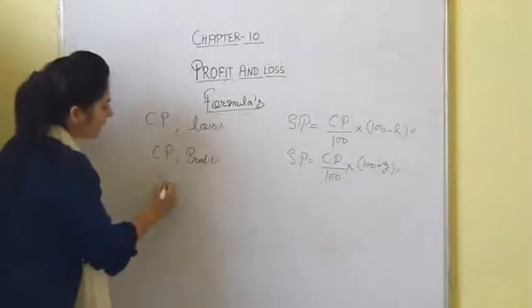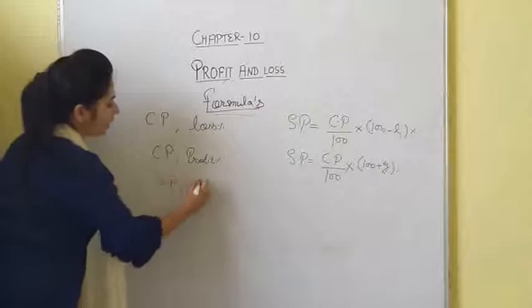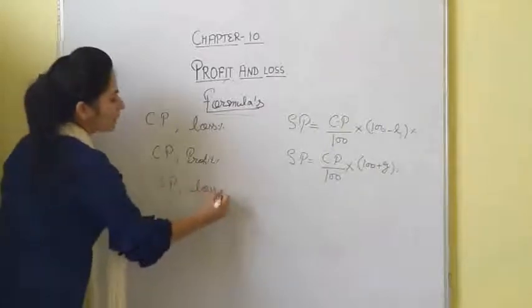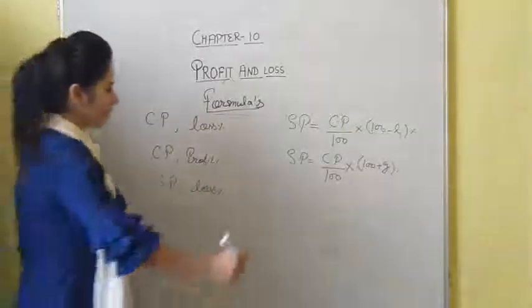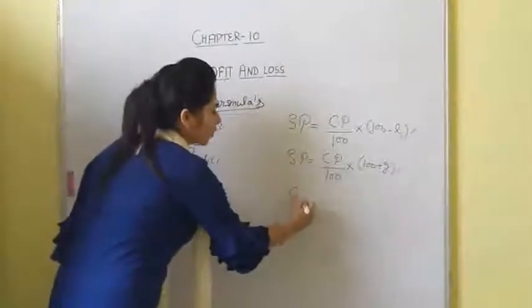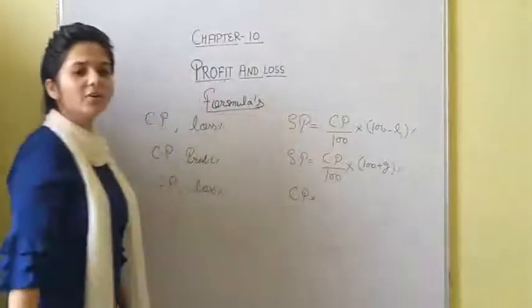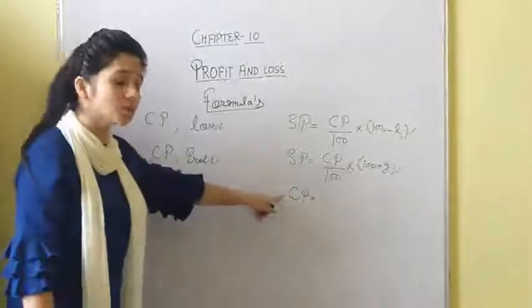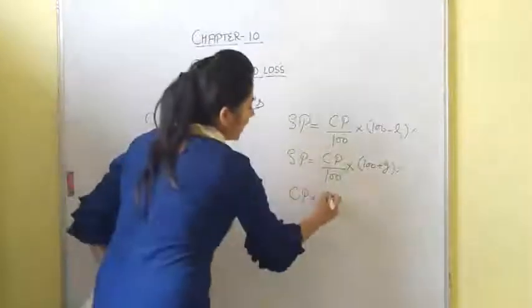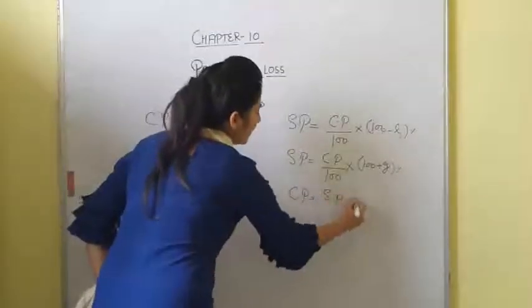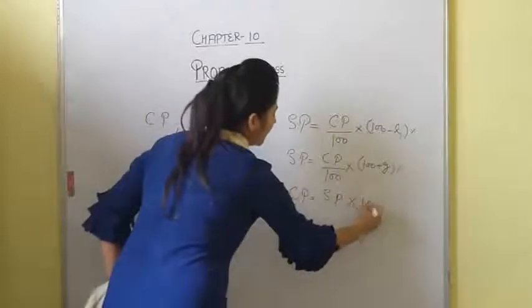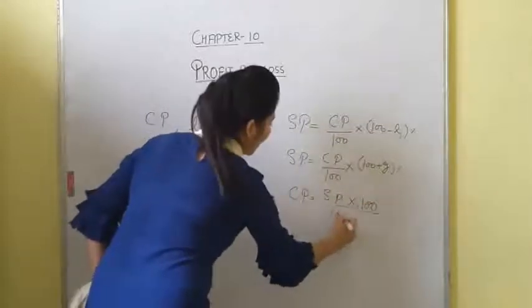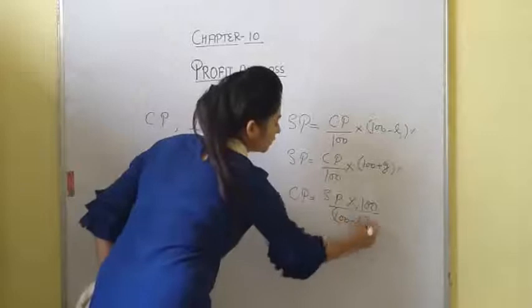When we have SP and loss percent, we have to find out cost price, and the formula for finding the cost price is SP multiply 100 divided by 100 minus loss percent.